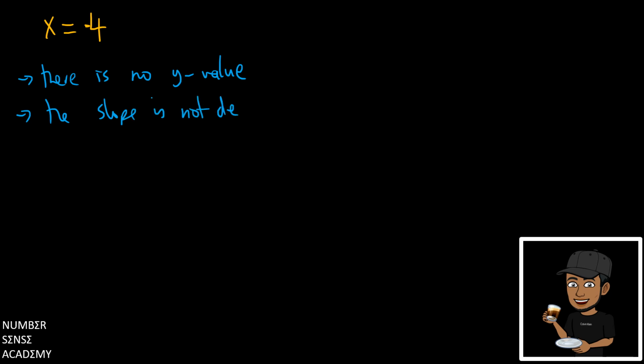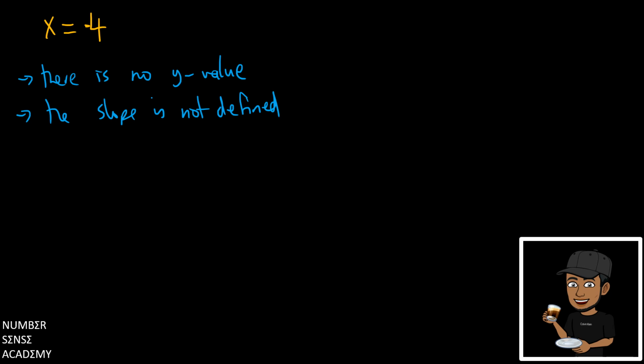Like we're not telling you what the slope is. Remember, x doesn't mean the slope. It's the number that's in front of the x that means the slope. But you can't have it if there's no y value. These two have to work together. If there's no y value in the equation, then we can't define the slope. Okay? So the slope is not defined.